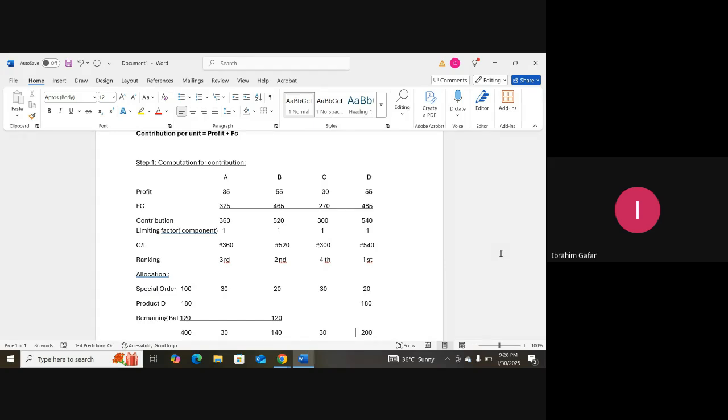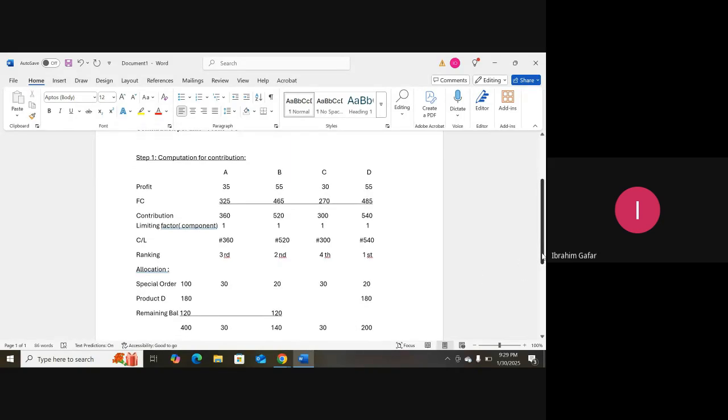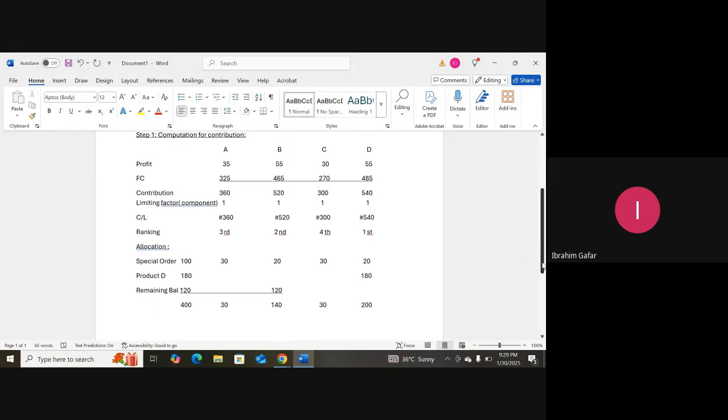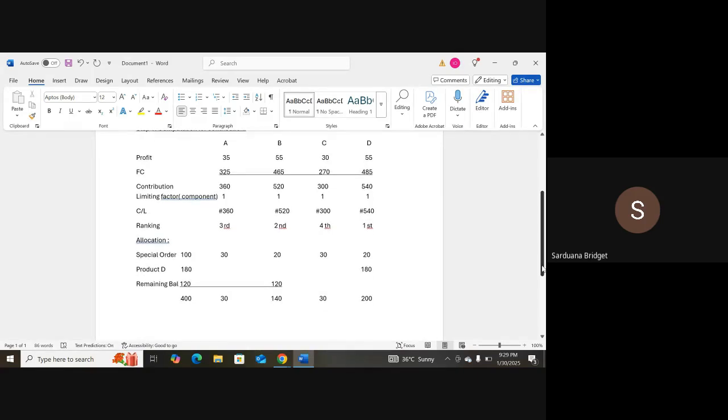Any question? Okay, ask your question, please. Sir, the 120 for the remaining balance, how were they able to get it? Out of 400, we have a special order of 100. If you remove 100 from 400, remain 300.